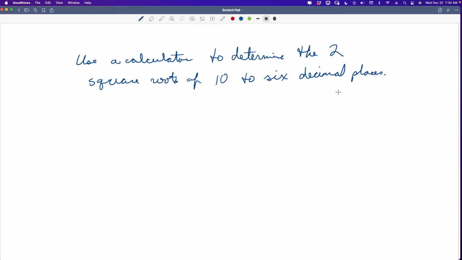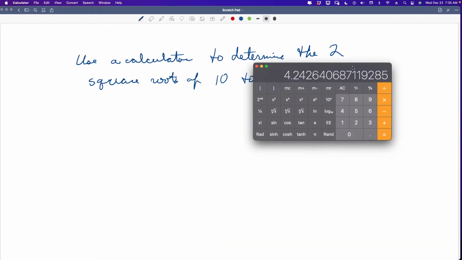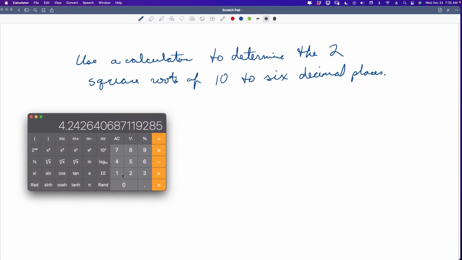All right, use a calculator to determine the 2 square roots of 10 to 6 decimal places. So here's our calculator. Let me clear it. So we're going to type in 10. We're going to hit the square root symbol. All right, so we have 6 decimal places, what we're asking for. 1, 2, 3, 4, 5, 6.